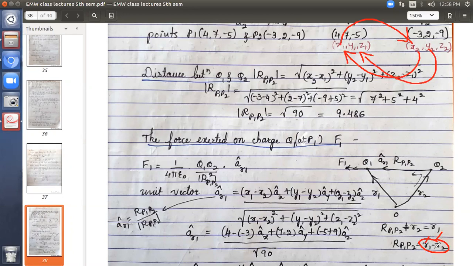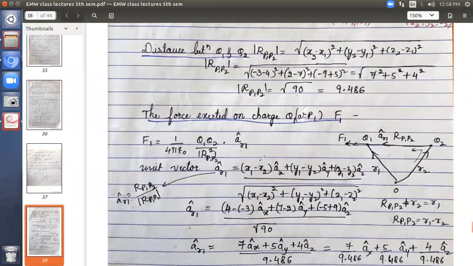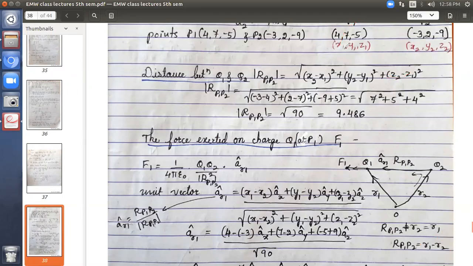As it is R1 minus R2, you have to subtract x1 minus x2, first point minus second point. That is in the x direction, because it is the x coordinate, then y1 minus y2 in the y direction, and z1 minus z2. Remember, these directions are very important because the suffix is R1 minus R2.